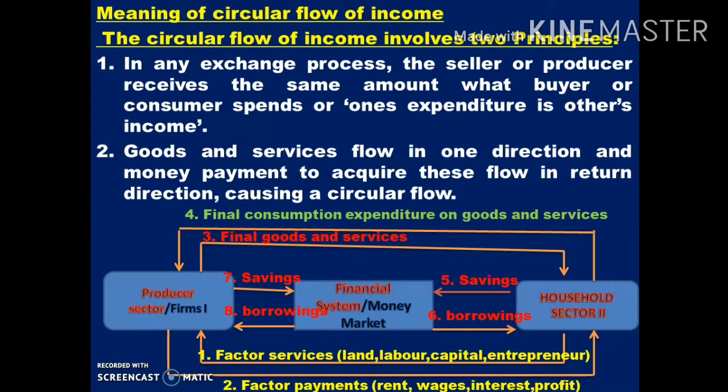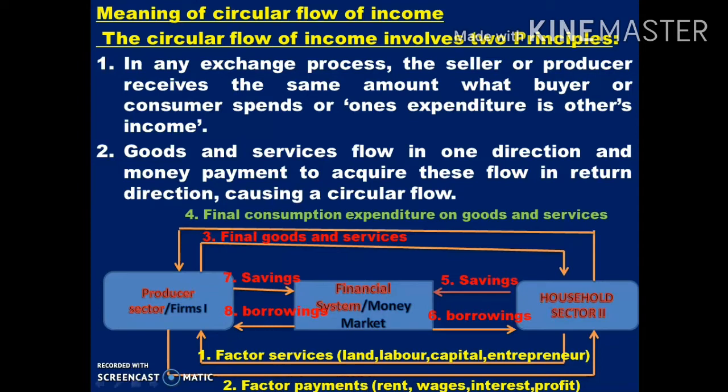You can mention 1 and 2, or otherwise just mention household or firm. Okay, firm, it's enough. You can see that the factor services, land, labor, capital and entrepreneur, are being supplied from household to the producer sector, and in return factor payments are received from the producer sector by the household sector. What are the factor payments? Rent, wages, interest and profit.